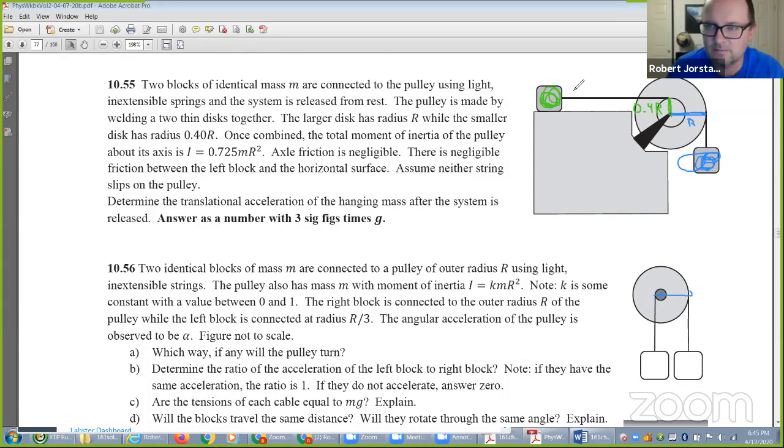So this one's going to be moving slower. I would call this V1, and this one over here would be V2. V2 should be bigger than V1. You're unraveling more cable off the larger radius, so this one's going to be moving a lot faster than the green one. And I'm going to go get that chat question really quick.